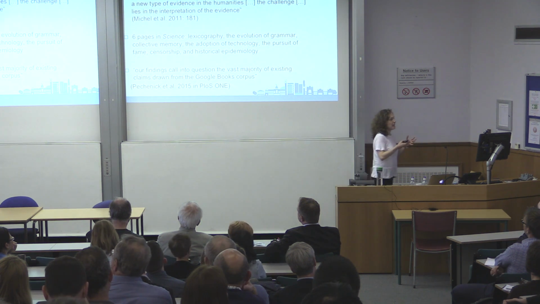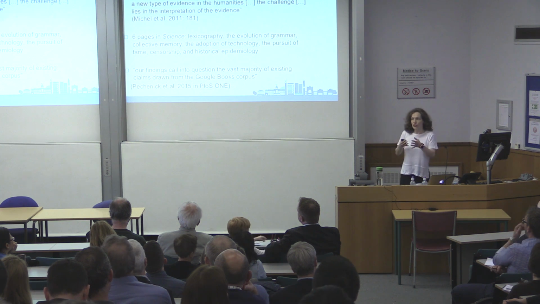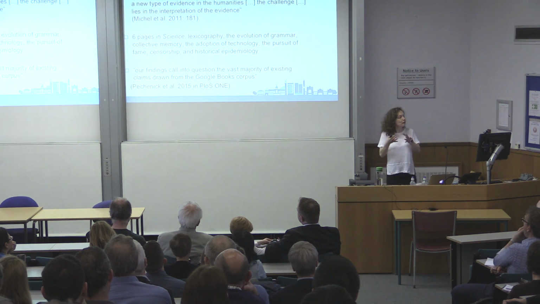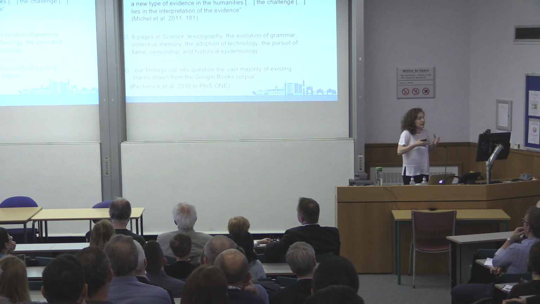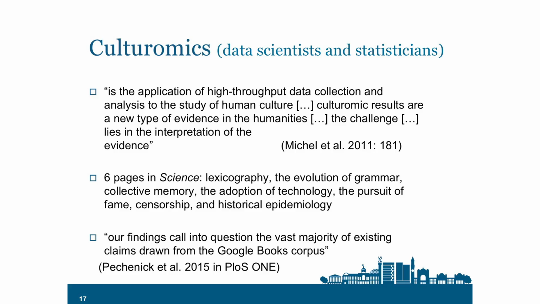And data scientists and statisticians have been discussing a field, or the beginning of a field, that is called culturomics. And there was an article that got published in Science that said basically, this is the application of high throughput data collection and analysis to the study of human culture. So the results are a new type of evidence in the humanities, and the challenge lies in the interpretation of the evidence.